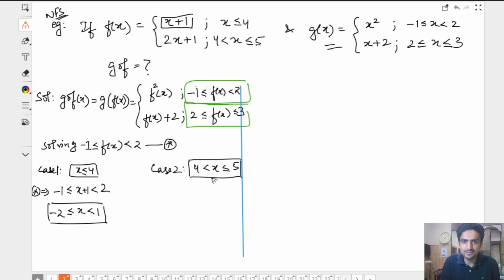And in this case, what does star become? For this, the value of f(x) is this. So 2x plus 1 greater than or equal to -1 and less than 2. So first we subtracted 1, so we get this. And then we divided by 2, so we get this.